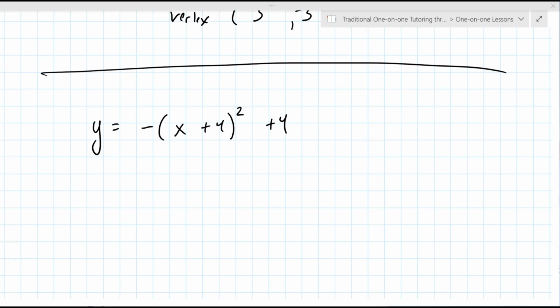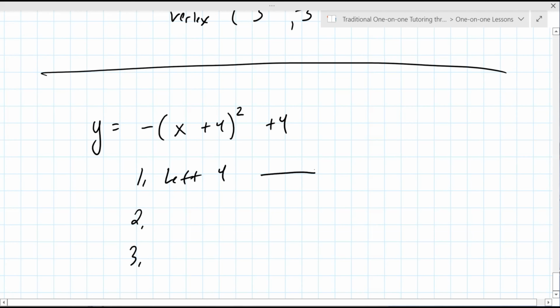Yeah, so left 4 on the first one. Imagine there's some punishment associated with this. You got it down, left 4. Okay, what's the next one? Reflects over x-axis, and then up 4.